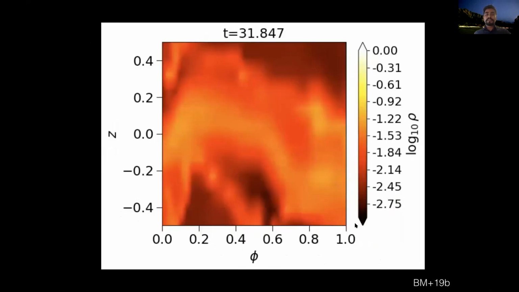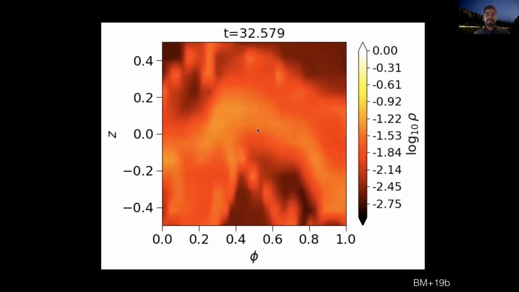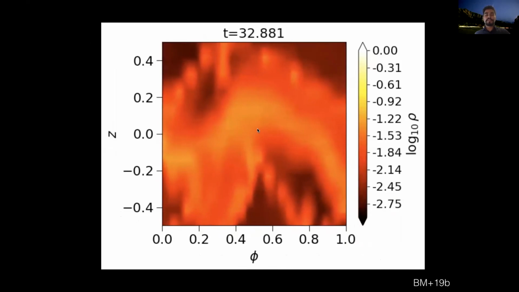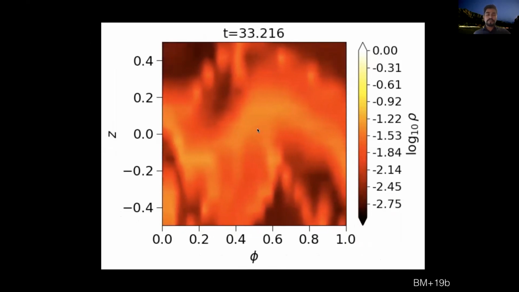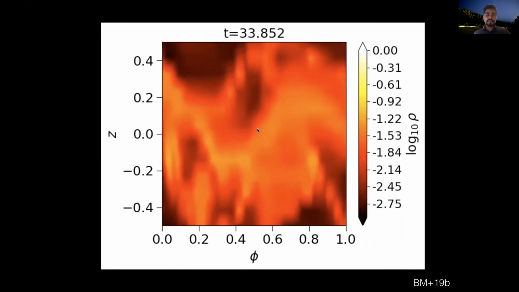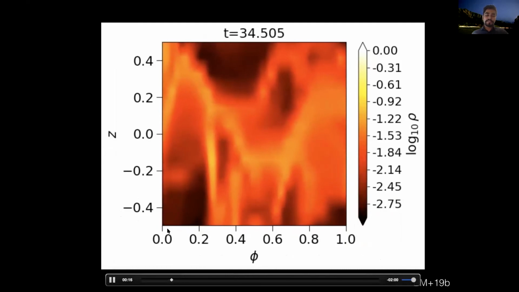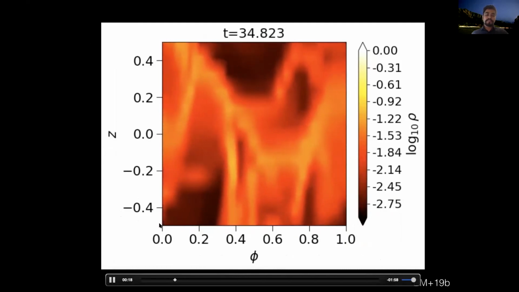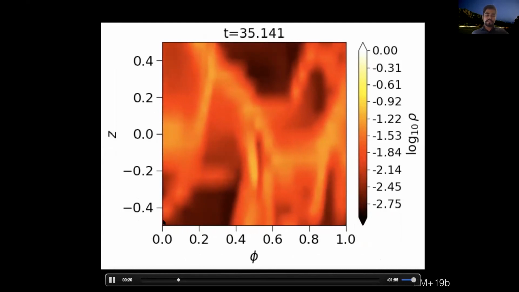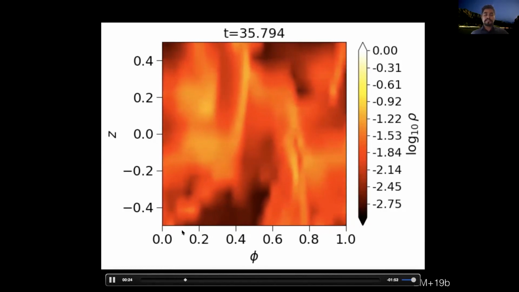And this is another movie, I guess. When we talk about the height of these spirals, they are not just confined to the midplane, they have a vertical structure, meaning they look like icebergs on the accretion disk. This plot is showing at a fixed radius, the vertical axis is showing the height of the disk, and this is the phi direction.